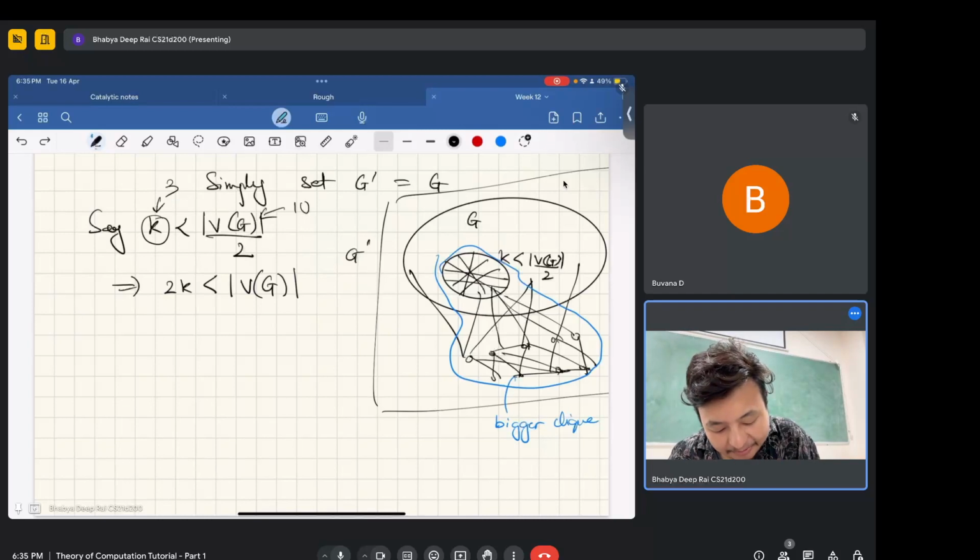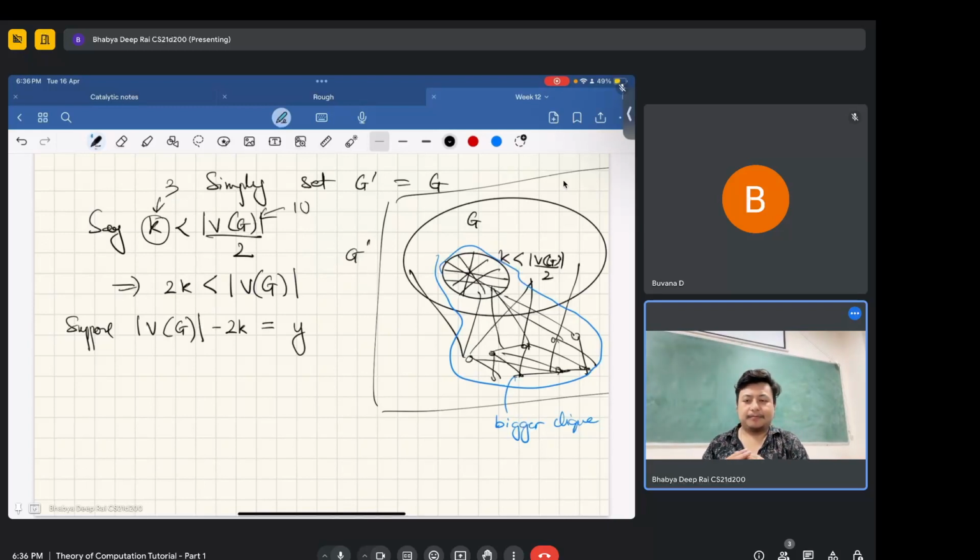So suppose V of G minus 2K is exactly the size of the gap, equal to some Y. V of G minus 2K is equal to some Y. That is the extra gap that we have.